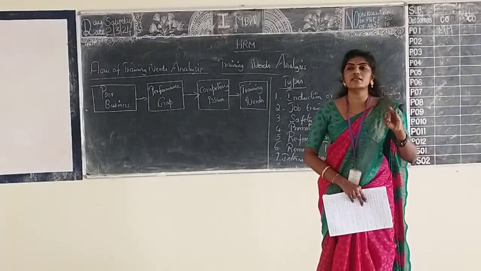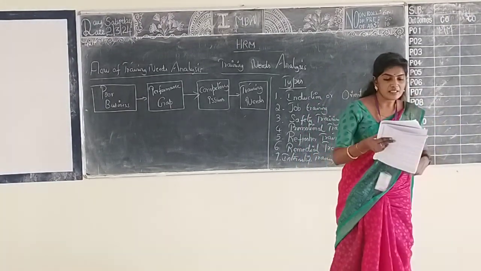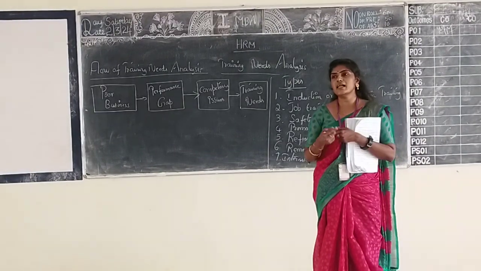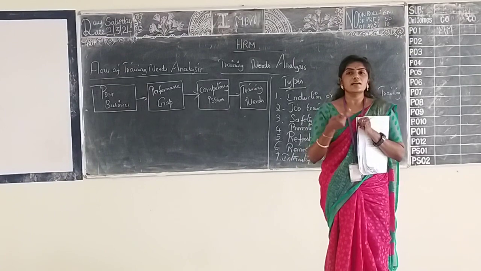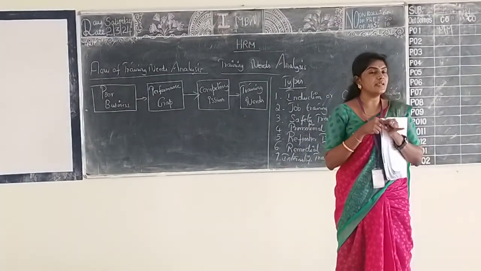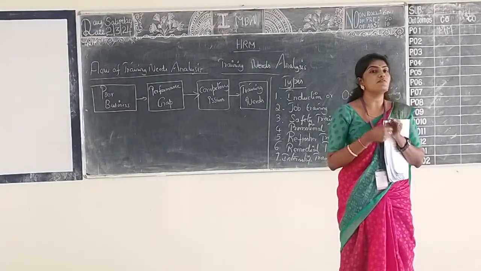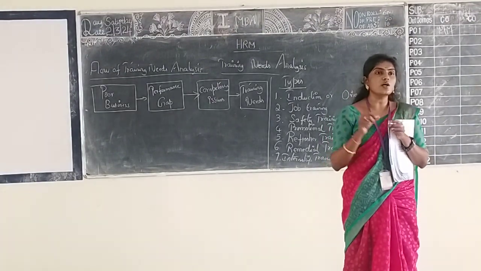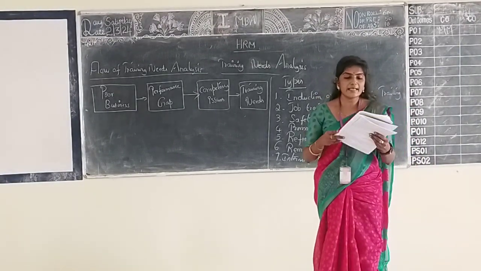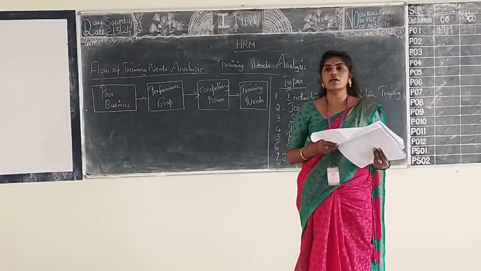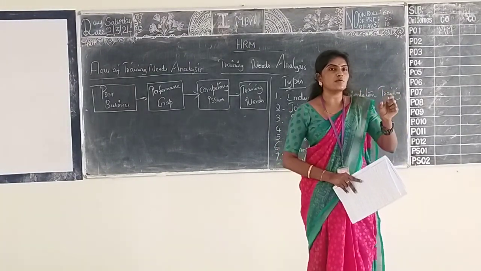The second point is to align with the organizational objectives. Next, we already saw in the training needs assessment for what purpose you are conducting, when, where and why you are conducting it. That also gives benefits for this training. Next, you provide the benchmark for the training needs, specifically mentioned.